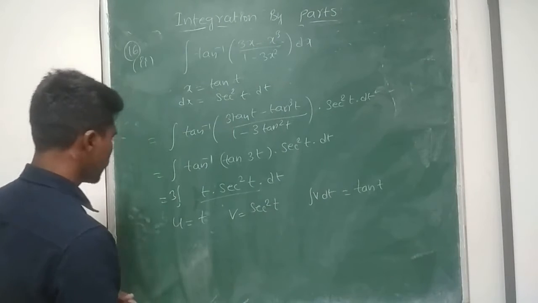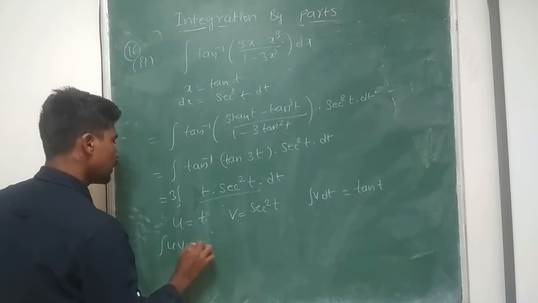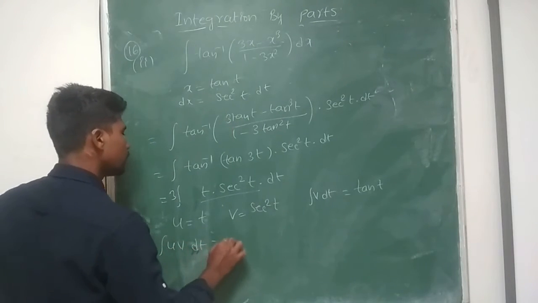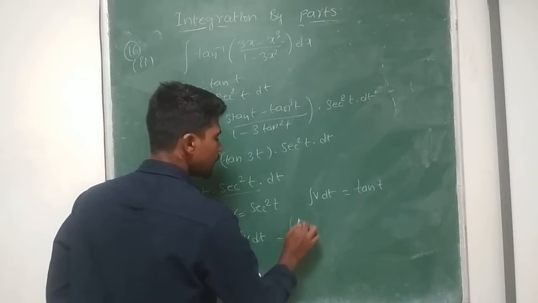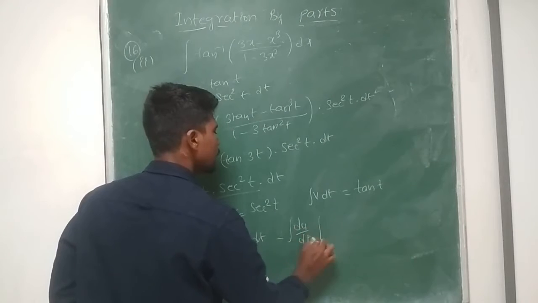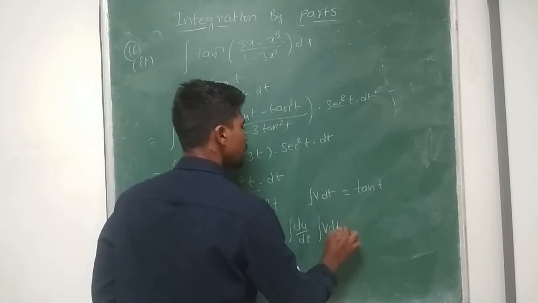Now use the formula: integral of uv dt is equal to u times the integral of v dt minus the integral of (du by dt times the integral of v dt).